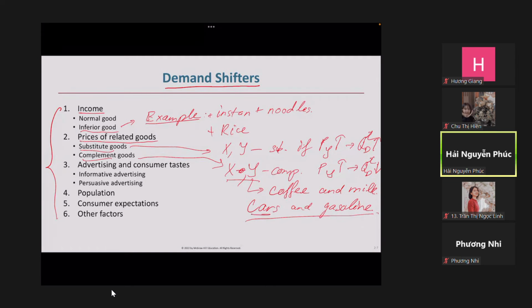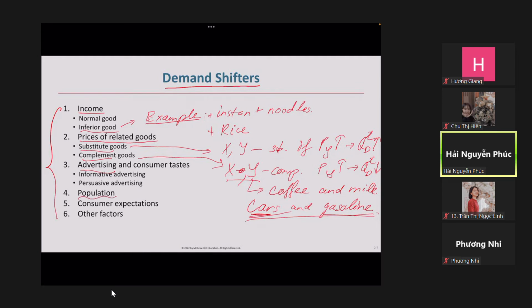You use cars, and it should run on gasoline, right? Though now some other advertising. For example, if firms spend money on advertising, the likely effect is that the demand will increase.